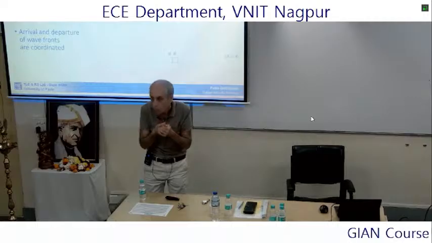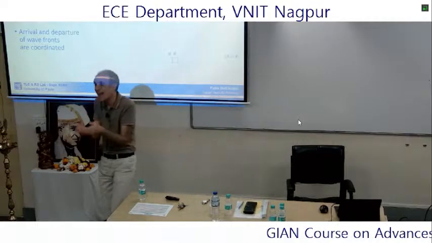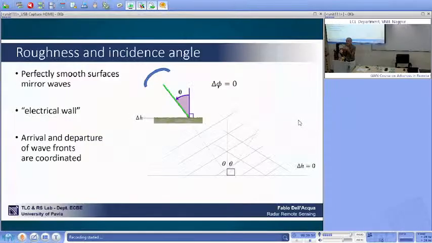So that's the reason why we talk about backscattered field, because what we measure is not whatever radiation leaves the surface, but just the portion which goes back in the same direction from where it was shot originally.